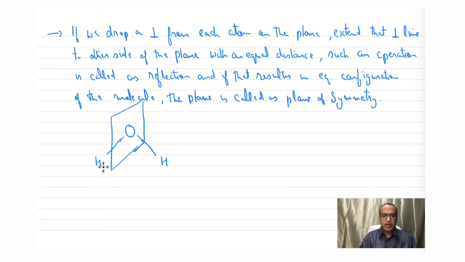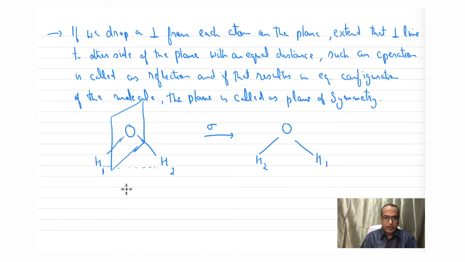Now I'm drawing a perpendicular from this hydrogen to this plane, and then we take it to the equal distance on the other side, and we should find another hydrogen, right? Let's say this is 1 and this is 2. Reflection about the sigma will give rise to H2 and H1, right? The two hydrogens are swapped between each other, and because this is an equivalent configuration, this particular plane is called a plane of symmetry. This is what the definition tells you, right?